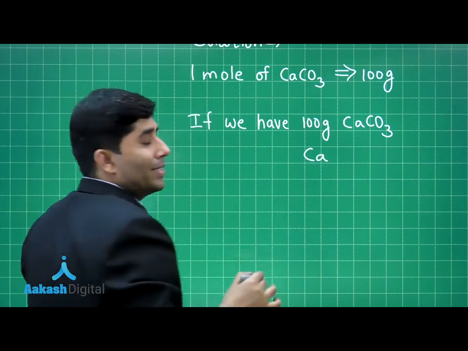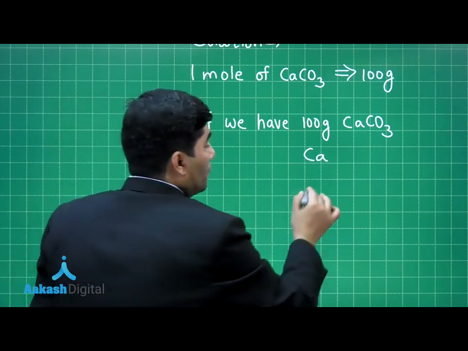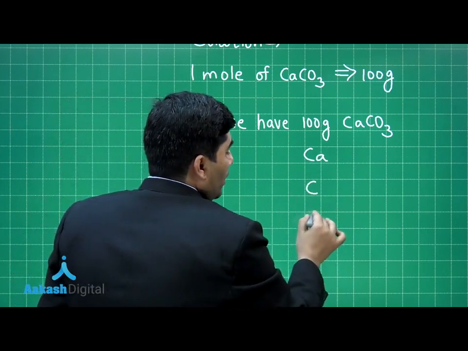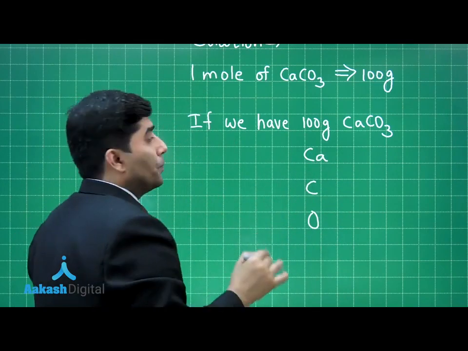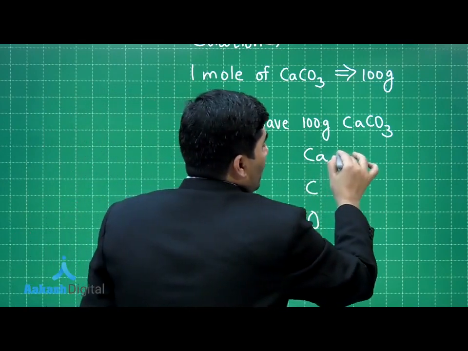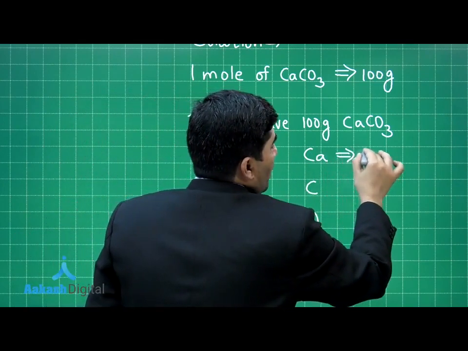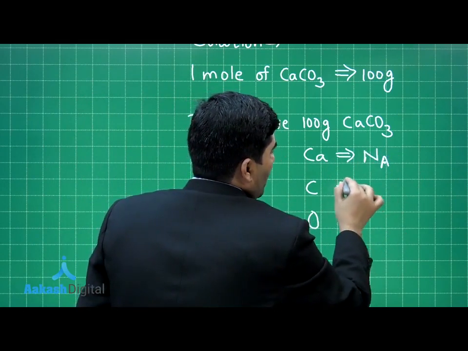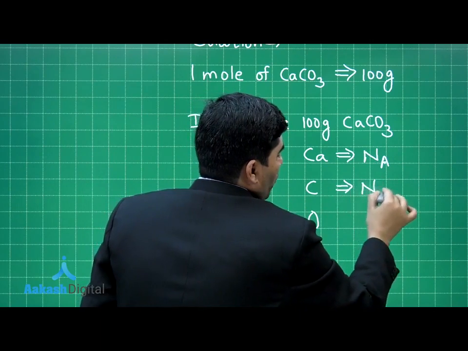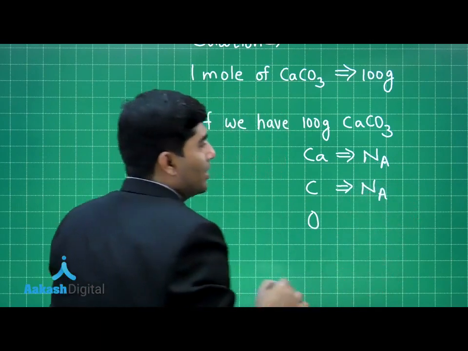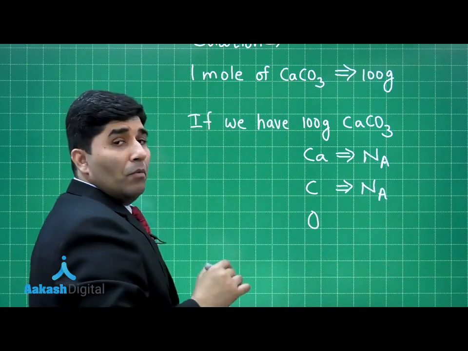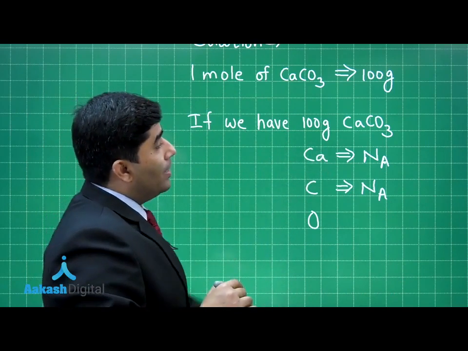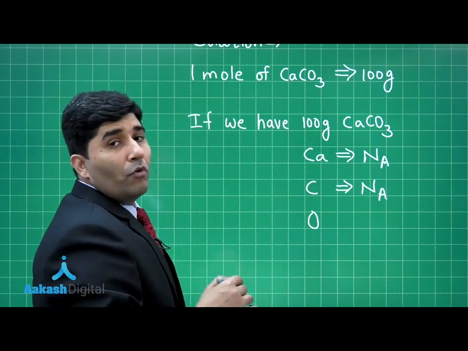The elements present are calcium, carbon and oxygen, and they will be one mole. This is also 1 mole, and in 1 mole of calcium carbonate you can clearly see that there are 3 moles of oxygen.